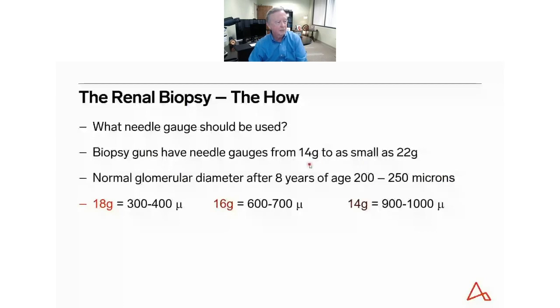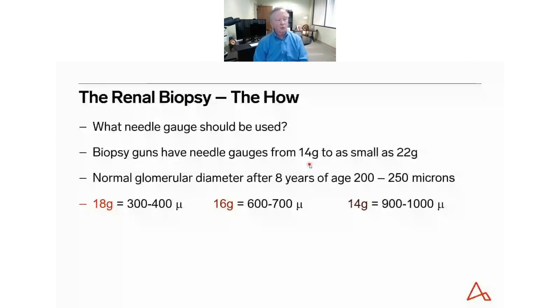Better. All right, well, I'm sorry about that. Let's use that. I should have noticed that. I apologize. All right, biopsy guns. Sure. I get so excited. I get talking. So, biopsy guns.